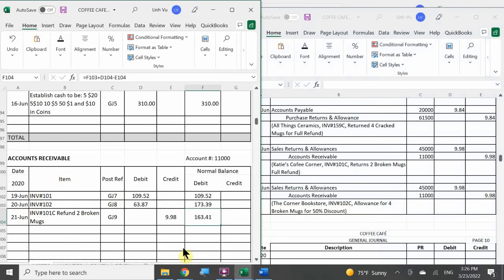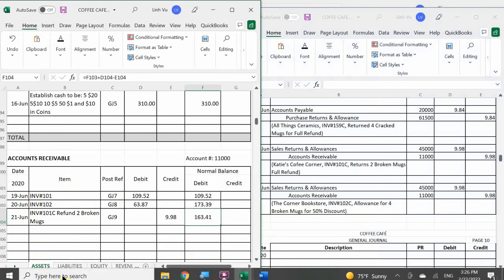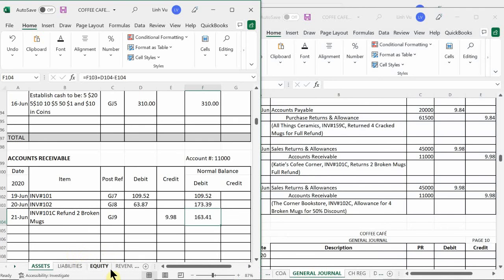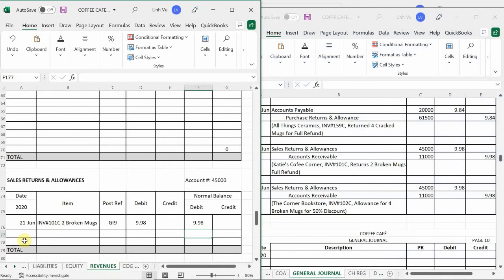So, same thing. We're going to go to our ledger and update our sales returns and allowances. This is for invoice number 102C, broken mugs for 50% discount.